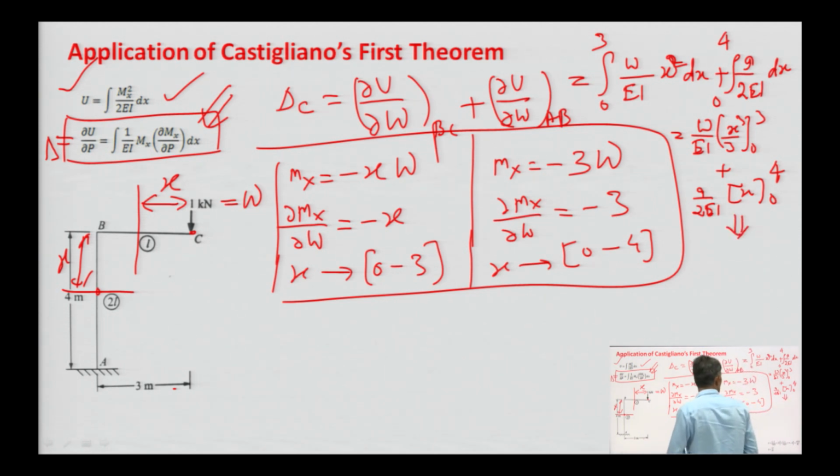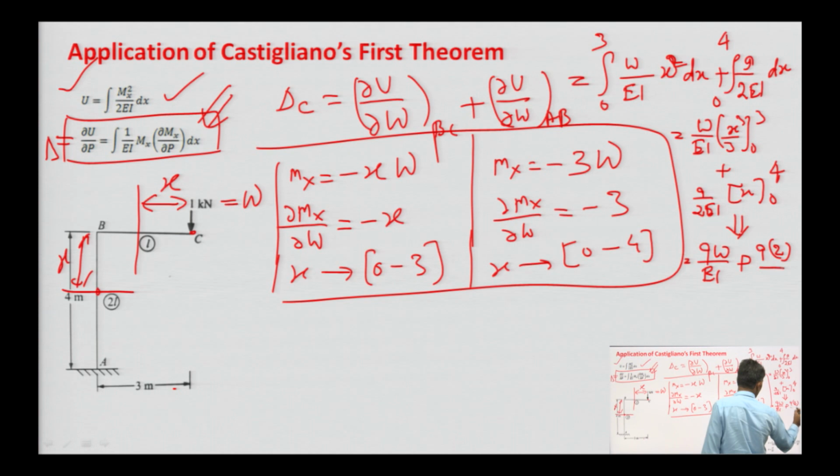We are getting 9 w by E I, plus 9 into 2 upon E I, with w here also, 3 w.